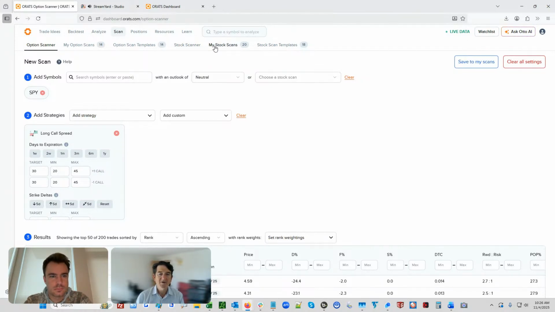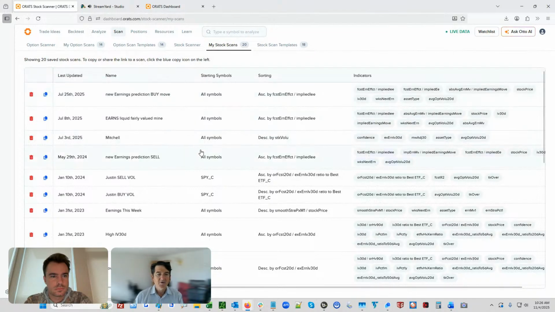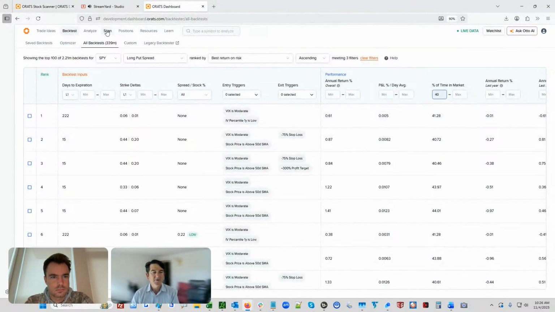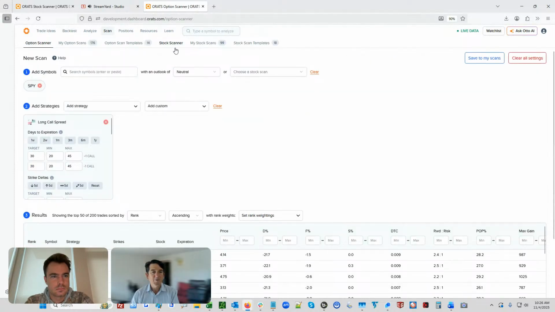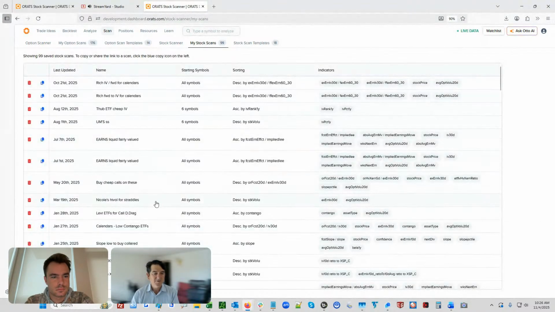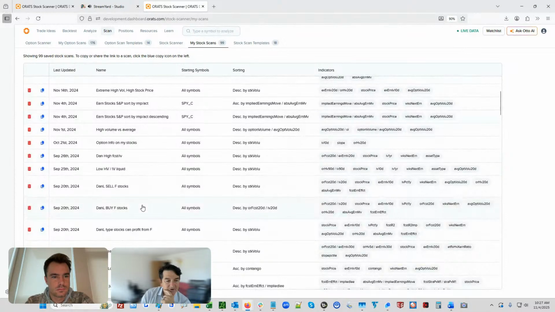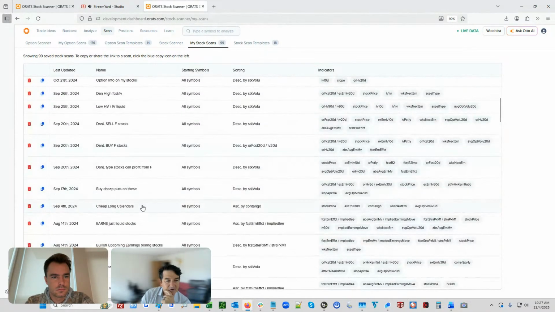In our stock scanner, if you want to find certain stocks, I have some saved strategies in here that I've looked at before. I have development, forecast, and put call skew.